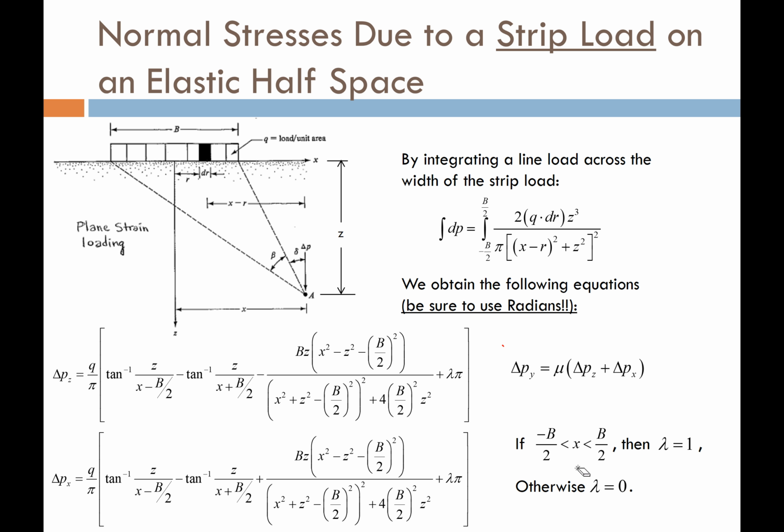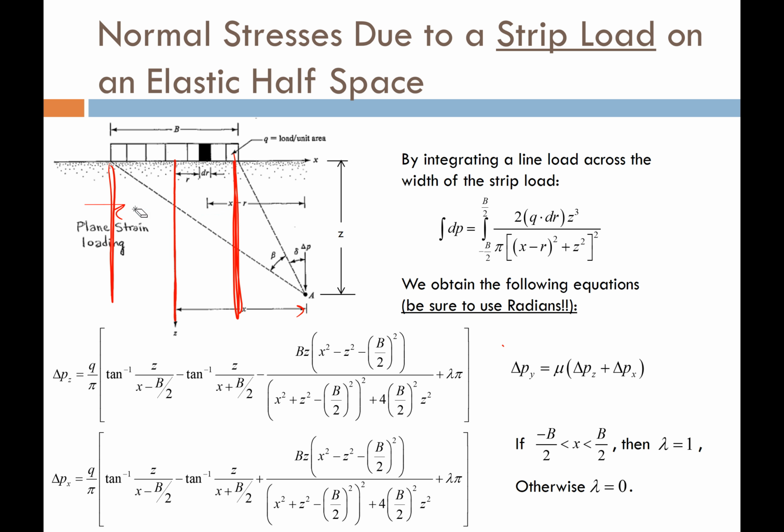X, by the way, happens to be the distance from beneath the center of my strip load out in the x direction. So in other words, all this is saying is that if B is the total width of my footing, and I fall between minus B divided by 2 and B divided by 2, then as long as my soil element is located beneath the footprint of my strip load, lambda is going to equal 1.